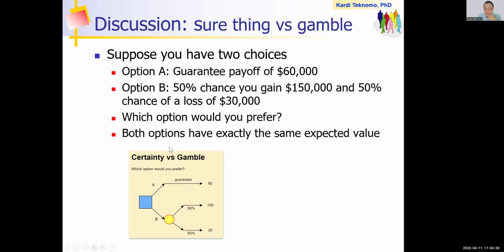If you compute the expected value, 50% times 150 plus 50% times minus 30, you will get exactly the same, 60.